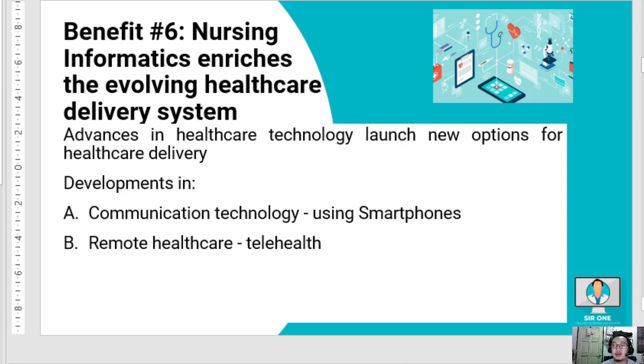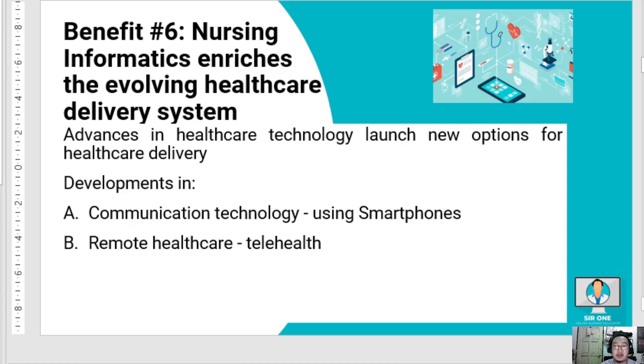It enriches, it improves, it enhances your healthcare delivery system. Again, as I mentioned earlier, not all countries, especially in our region, are really into informatics when it comes to healthcare.